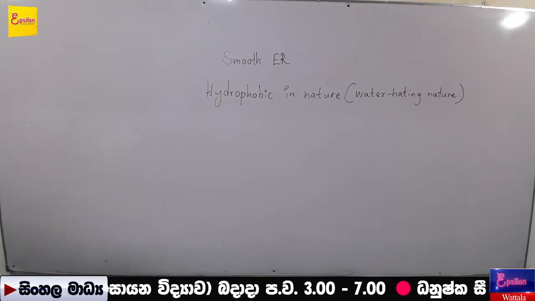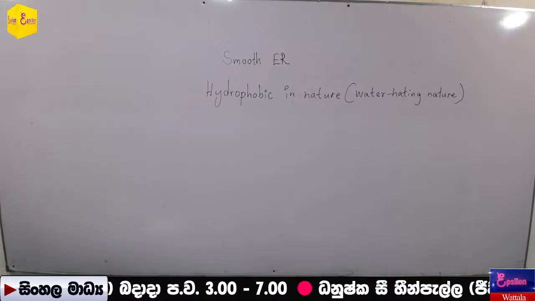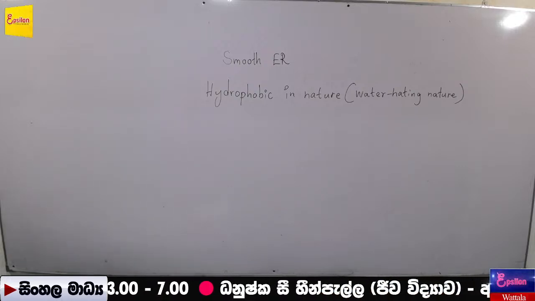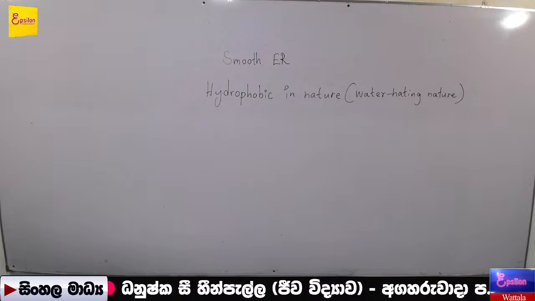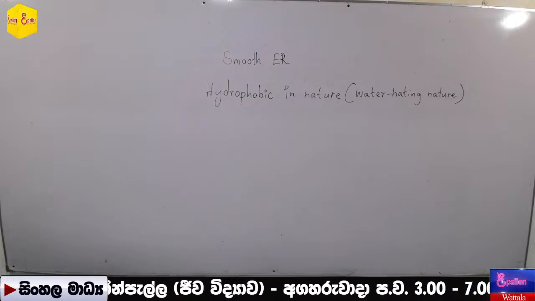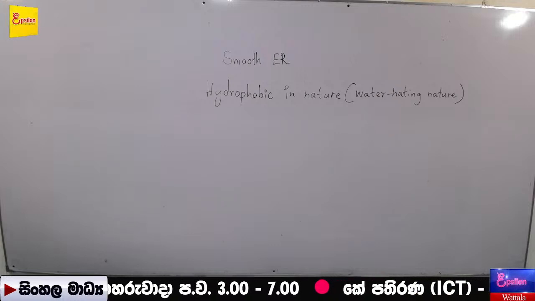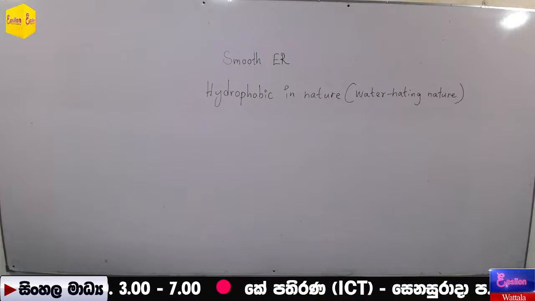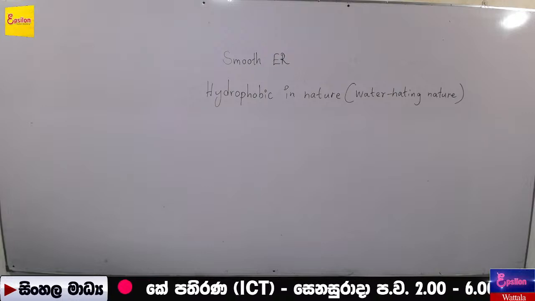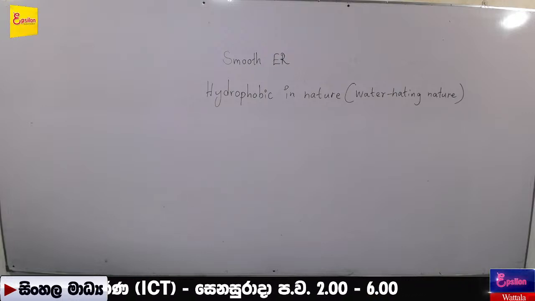We wrote the answer in the writing book. You can get the answer from the writing book and write it now. Why are they not considered macromolecules? The molecular weight is low. And why are they not considered biopolymers? They do not have repeating units. That's why.